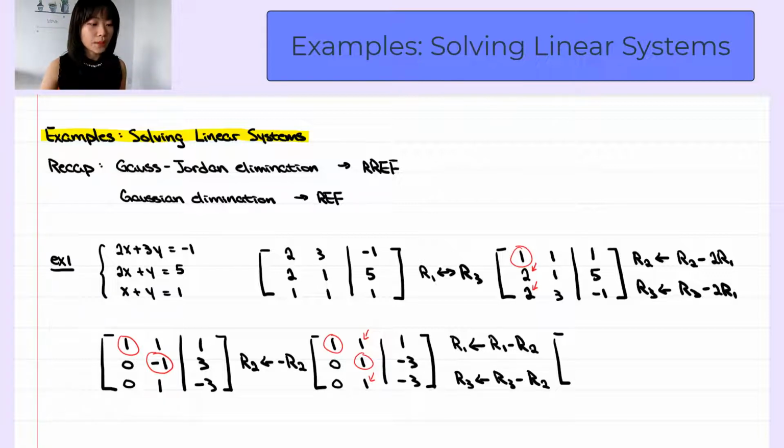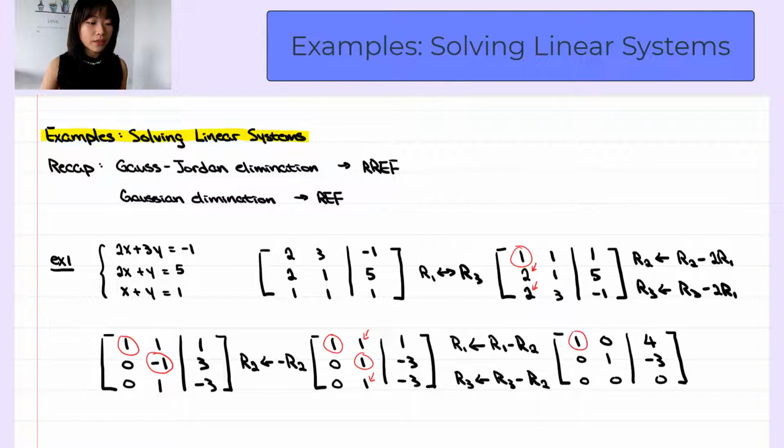Then the matrix becomes 1, 0, and 1 minus negative 3, that equals 4. Second row remains the same, 0, 1, and negative 3. And third row is now 0, 0, and 0.